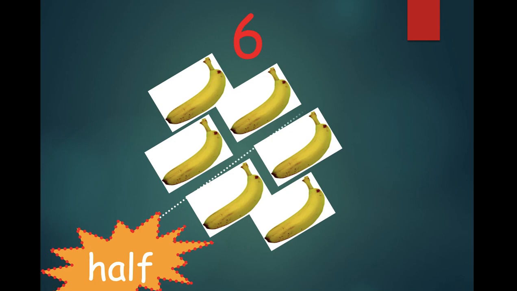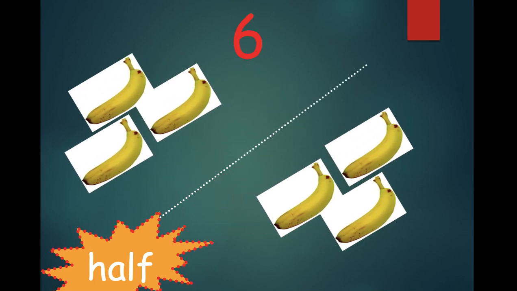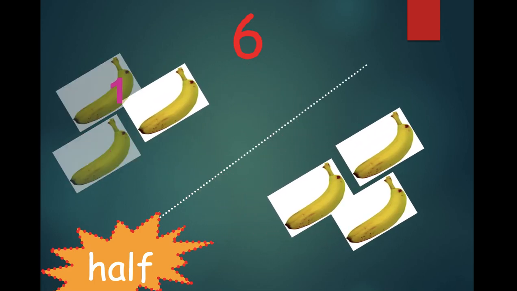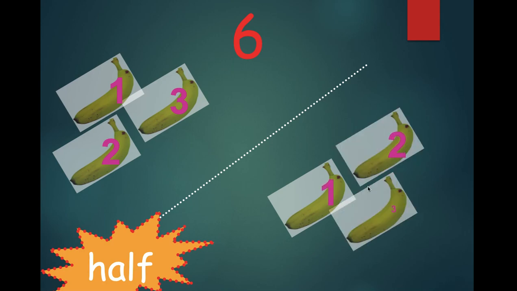There we go. I divided them. So each side we have 3 bananas. 3 this side and 3 this side. So you can see each side we are having 3 bananas.